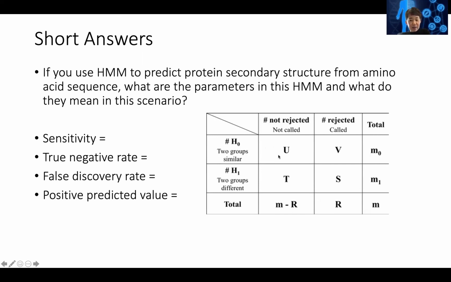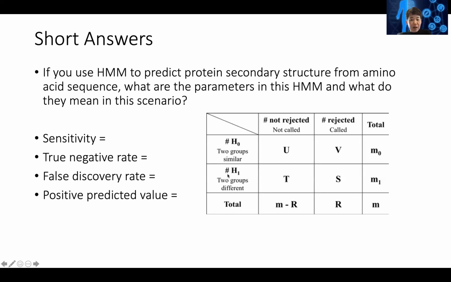If you have to write, x plus y divided by z or things like this, what is sensitivity? Yeah, this is the right answer.